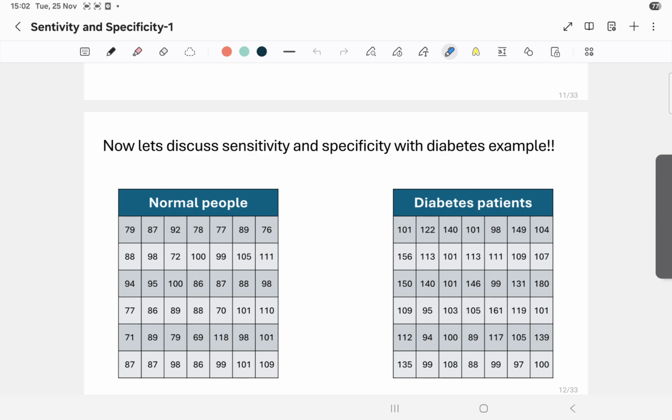But if you see closely, there is some overlap. We have 99 here, we have 99 here, so there is an overlap. And some values in diabetic patients are lower, 99. Here, a normal person has 105. So what I mean to say here is that in the real world, some diabetic patients can have lower blood glucose levels than normal people.